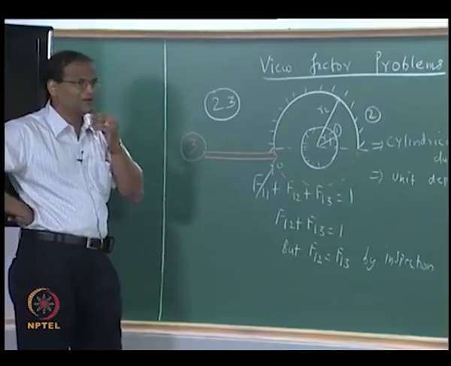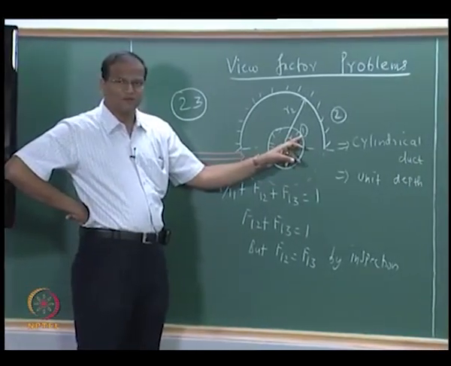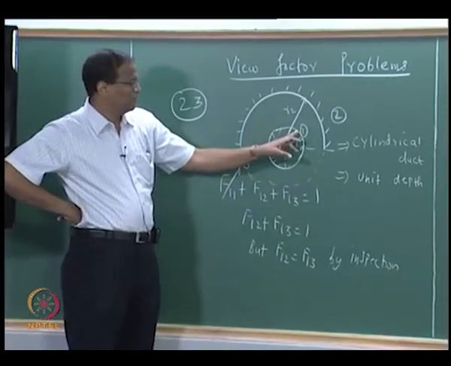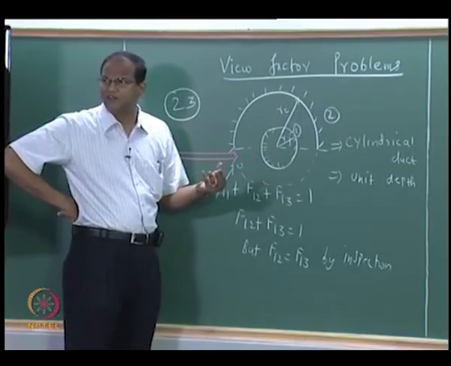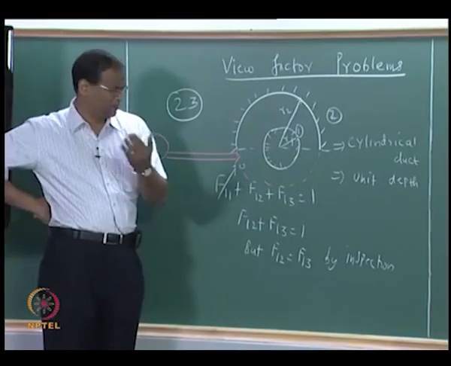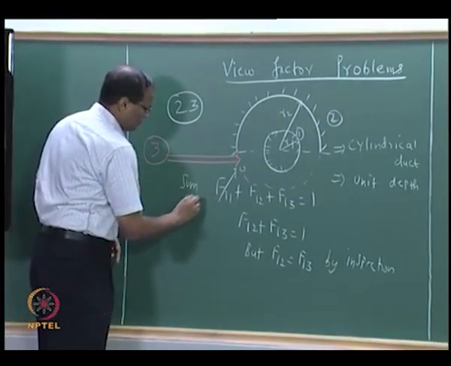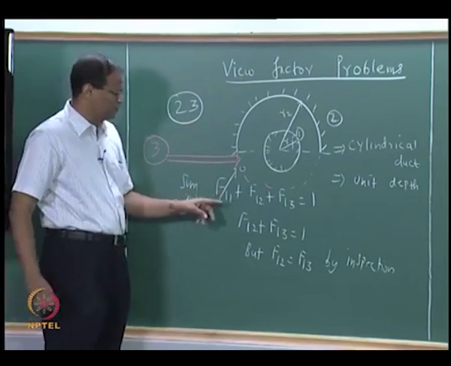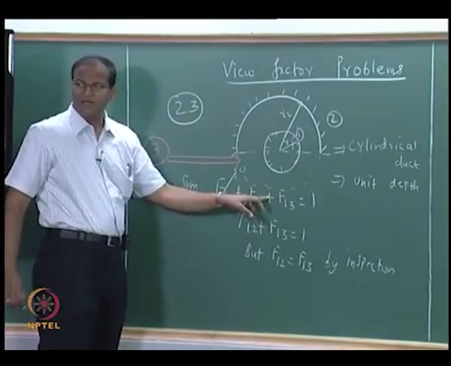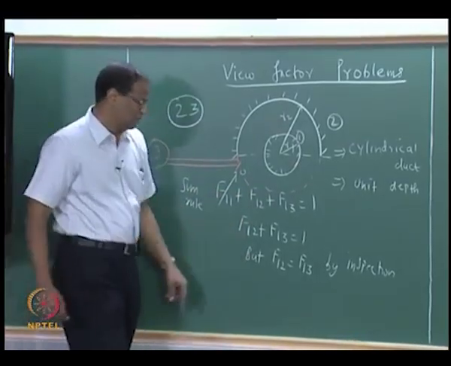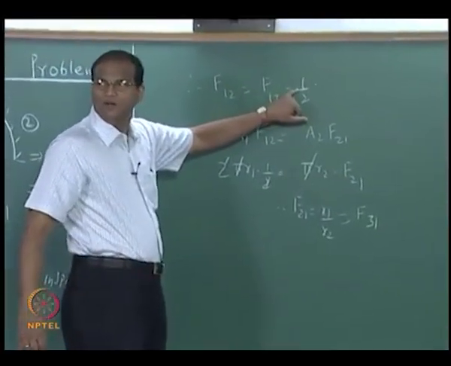We started out with our view factor algebra. As far as 1 is concerned, there is no self view factor, f11 equal to 0. Now 1 to 2 or 1 to 3, there is no preference, it has the same thing, therefore f12 must be equal to f13. If you apply the sum rule for surface 1, you get f11 equal to 0, f12 equal to f13 by symmetry, therefore the sum is 1, so f12 is equal to f13 equal to half.